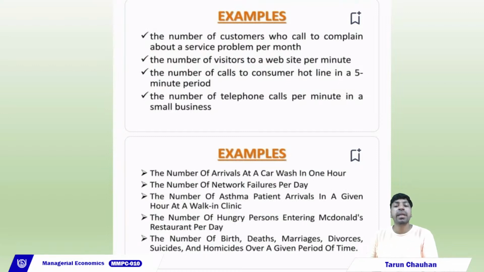The number of births, deaths, marriages, divorces, suicides, homicides over a given period of time. Here we are talking about the population, the number of males, females. That means in that whole scenario we are using the Poisson distribution, and that is the main difference between the binomial and the Poisson distribution.